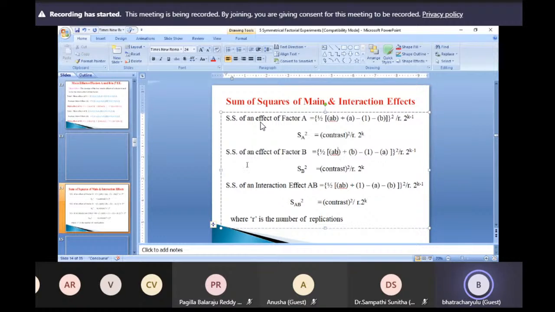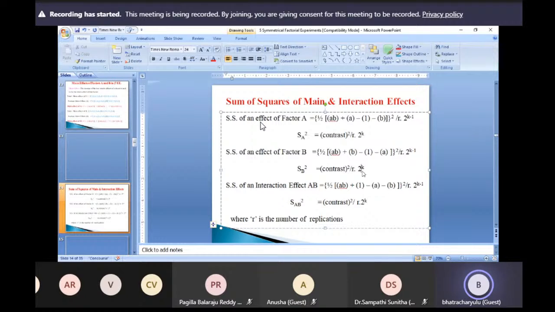Okay, that's enough. If no replications are there, then simply write 2 square by 4, that's enough. Contrast square by 4. And similarly for the sum of squares for factor B, contrast square by the number of replications into 2 to the power k, where k that I had taken as 2 only.